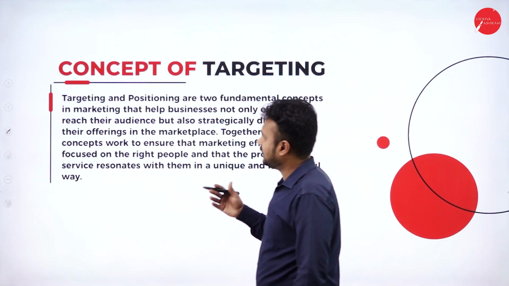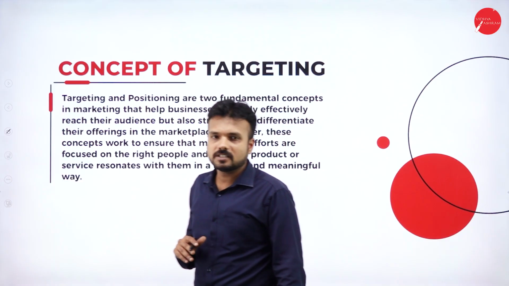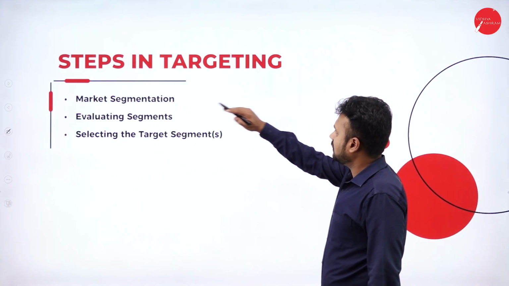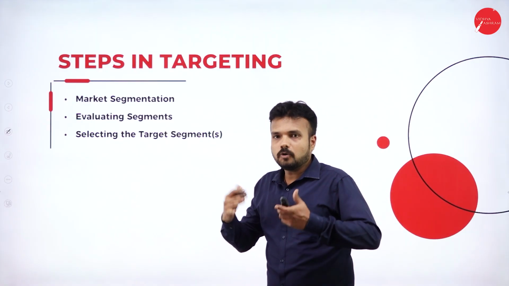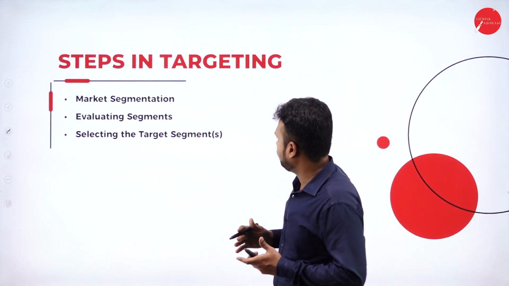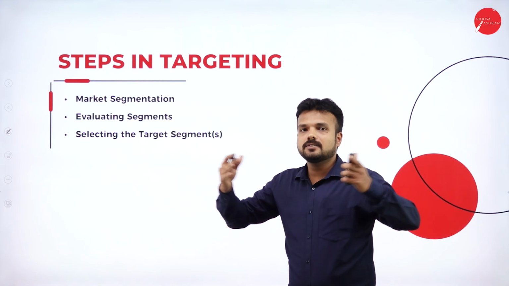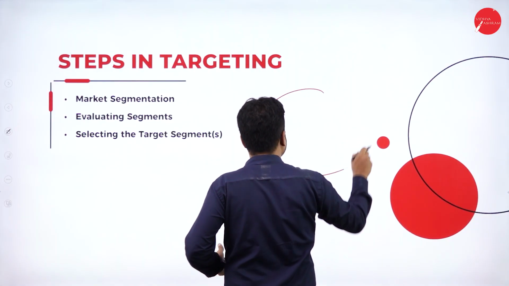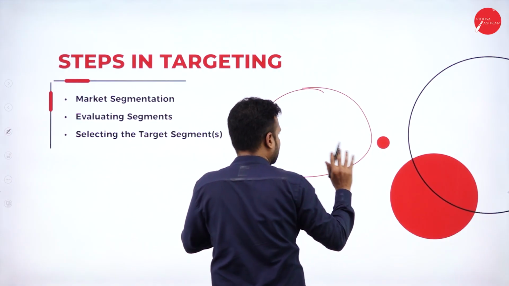Concept of targeting. Targeting and positioning are the two concepts that we need to consider. Steps in targeting. How to target the consumers? For example, there is a huge market, big in nature. This is the population of one particular district.